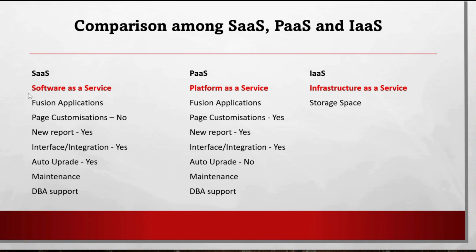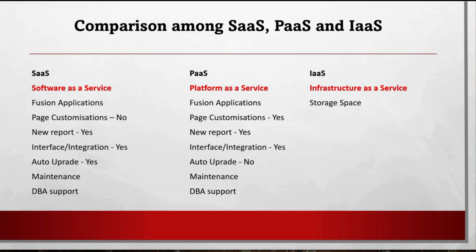This type of purchase you can see with various vendors like Amazon, Netflix. So the best option here you can say is Amazon. Amazon is taking only storage space on rent, so you are using the complete virtual infrastructure itself.